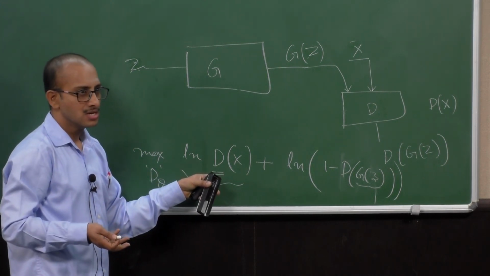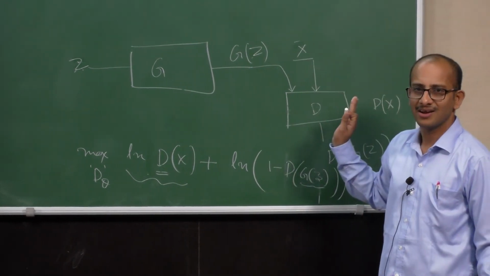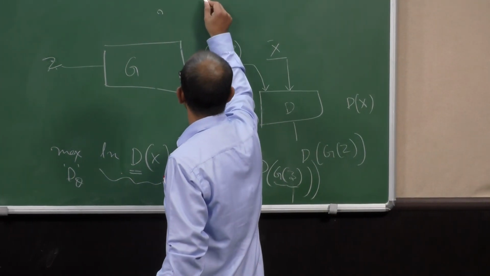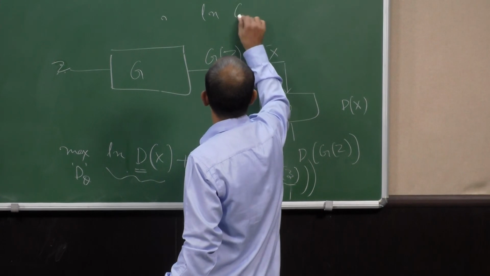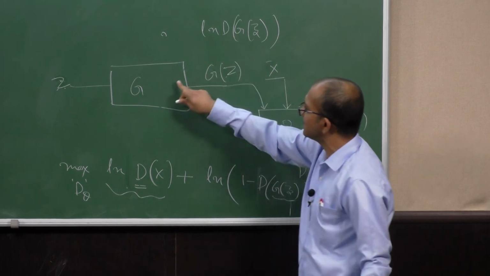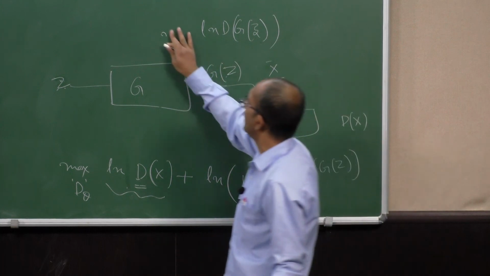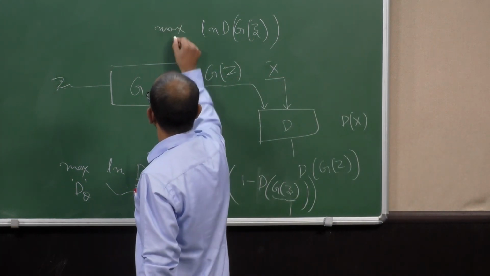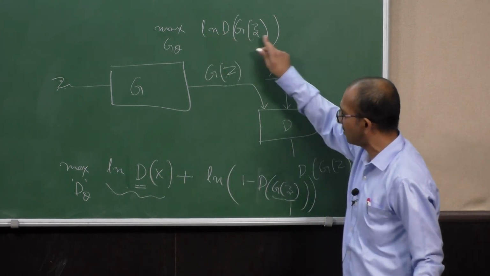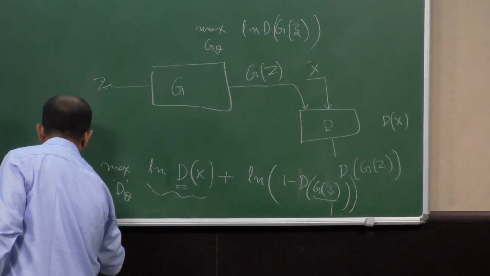The generator does not care about the discriminator directly, though of course it uses the feedback from the discriminator. It tries to maximize D of G of Z. If my sample gets passed through the discriminator, I would like to get the maximum value. That is the objective of the generator. Putting together what we have here, directly we are using D of G of Z, and here 1 minus of this, so we minimize with respect to the generator parameters.